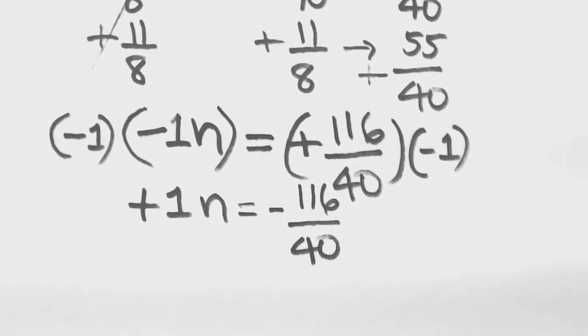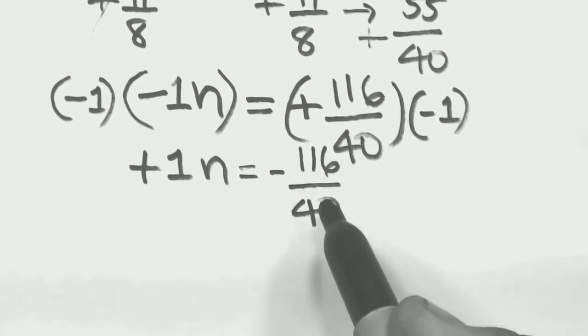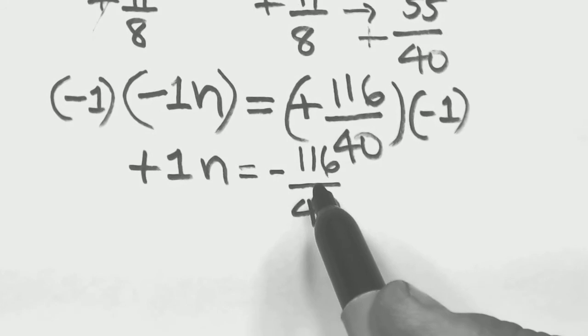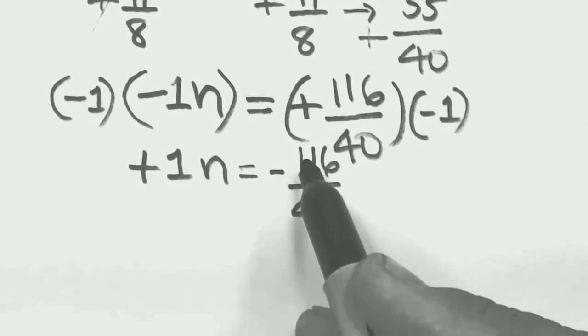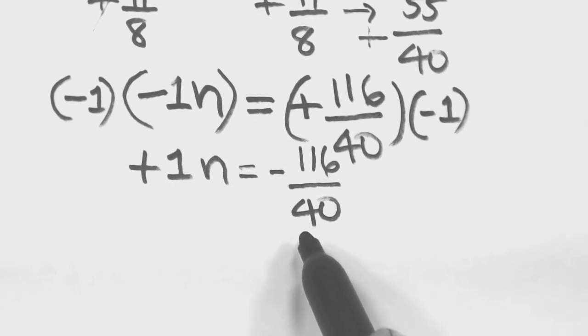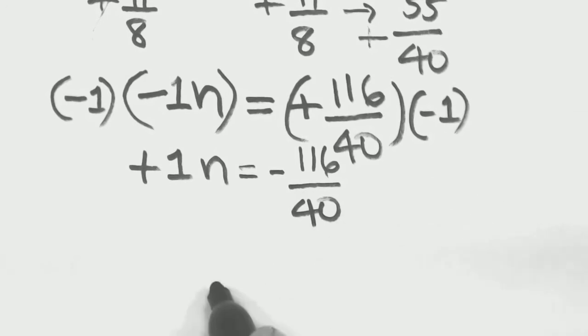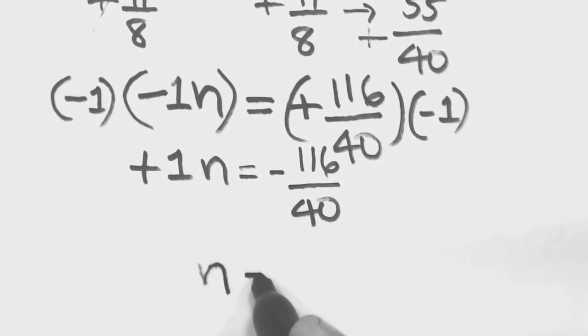One last thing: you better not leave the answer like this, because we have this standing rule that you always have to reduce fractions when they show up in final answers. So on the left side, the plus 1 n, I can just write simply as n.